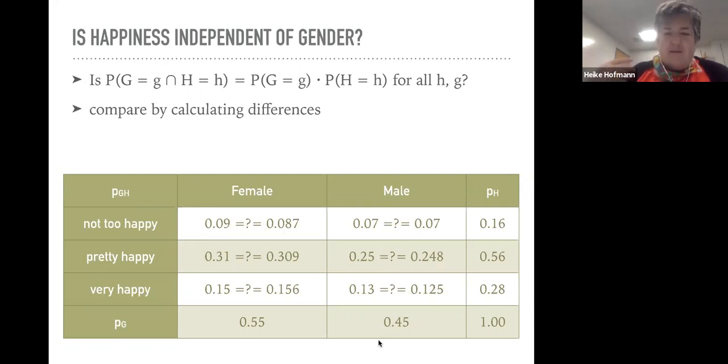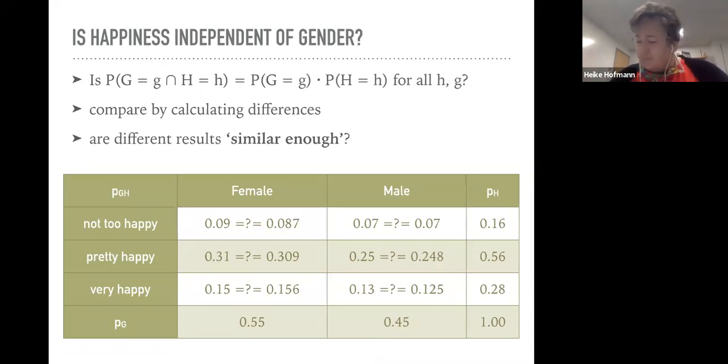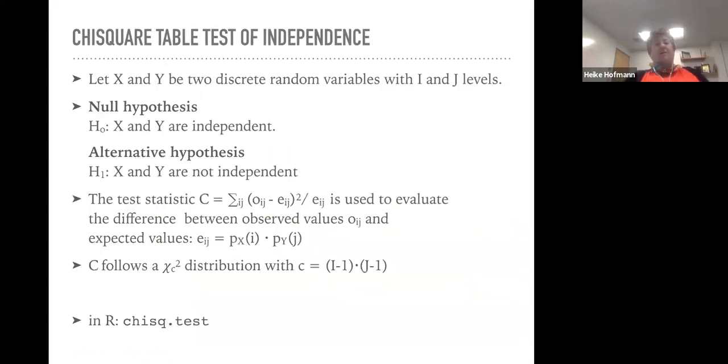Or are they really different enough to show that there's a real dependence between gender and happiness? So what do we mean by similar enough? For that, we do a test, and this test is called the chi-square test of independence.